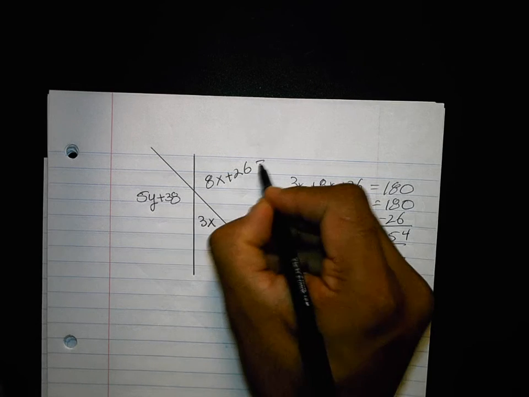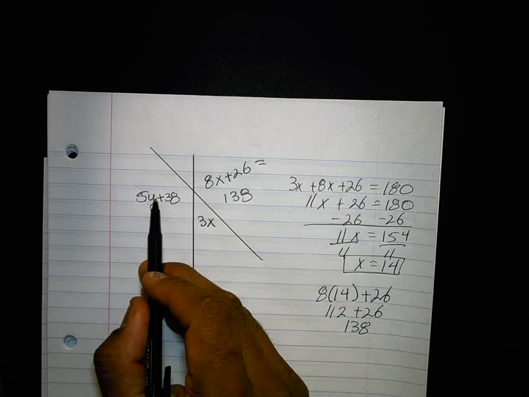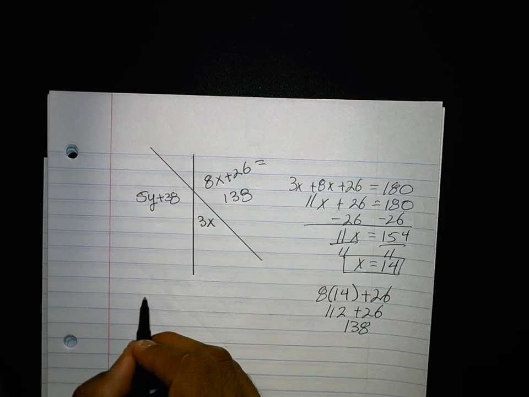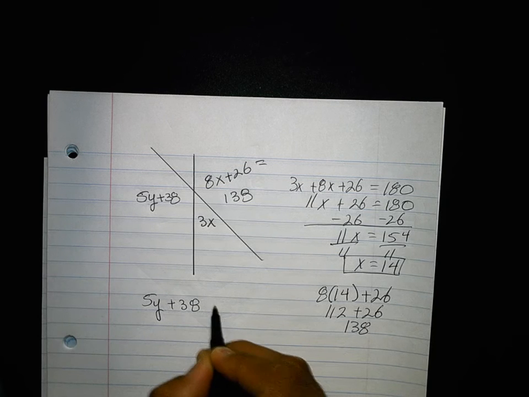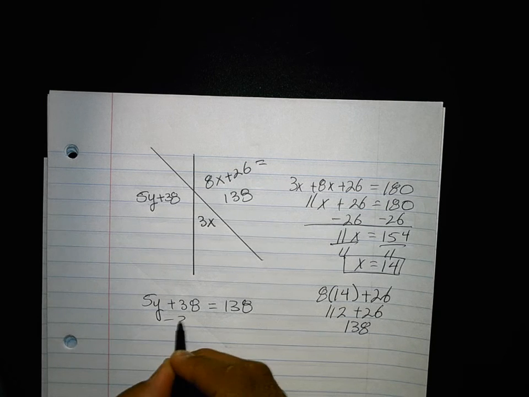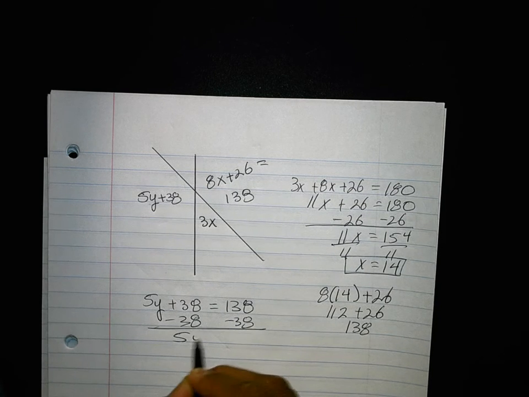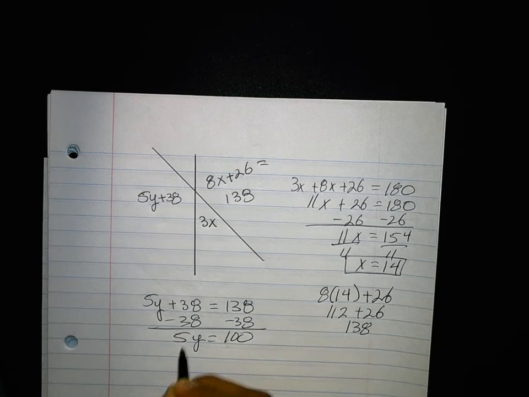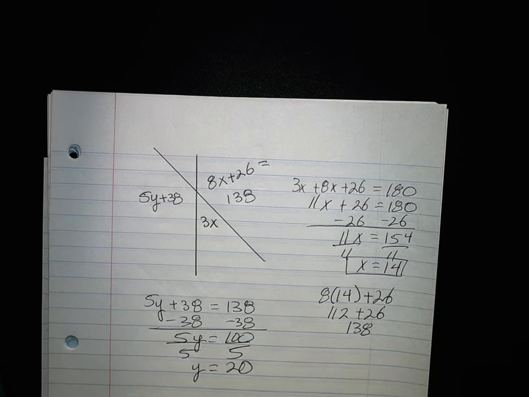So this whole thing equals 138. Now these two are vertical, so I can set those equal to each other. I get 5y plus 38 equals 138. Subtract 38 from both sides, and 5y equals 100. Divide by 5, and y equals 20.